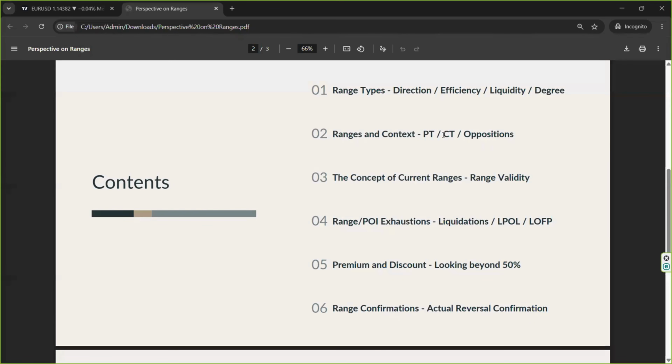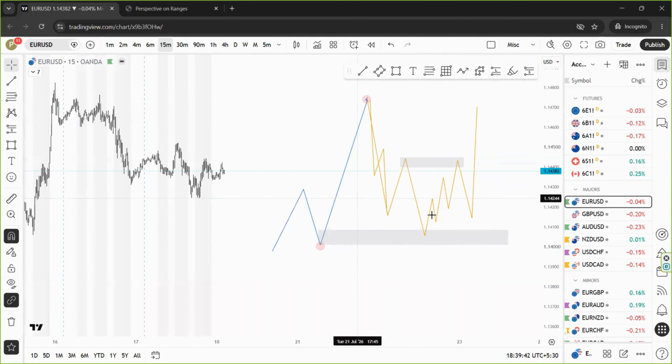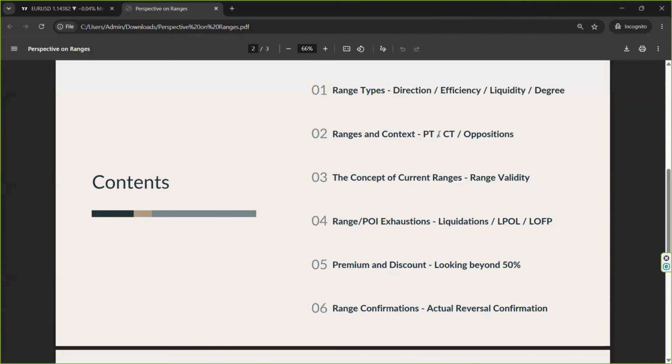So in that case, can you just consider PT and CT based on direction alone? No, which means you'd have to consider this leg in price, or maybe this leg in price, to actually consider where and when price is most likely to move. And that is where oppositions come into play.